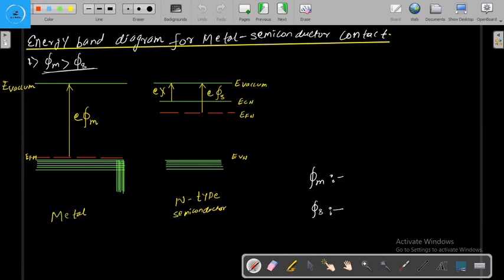Let us consider this one is metal, and this one is semiconductor.